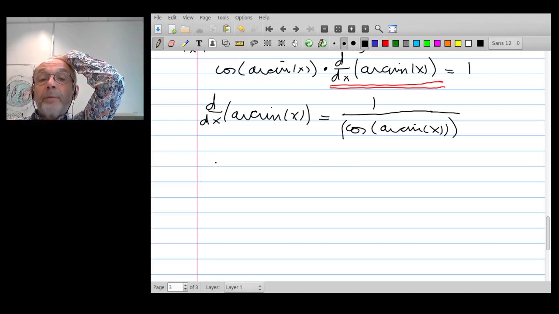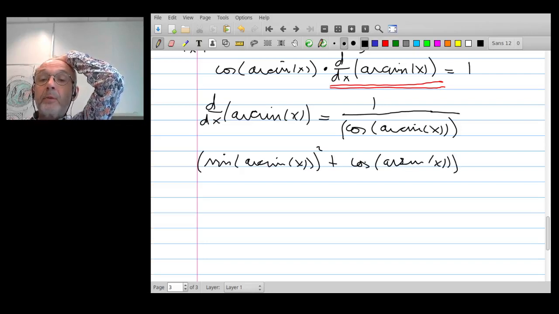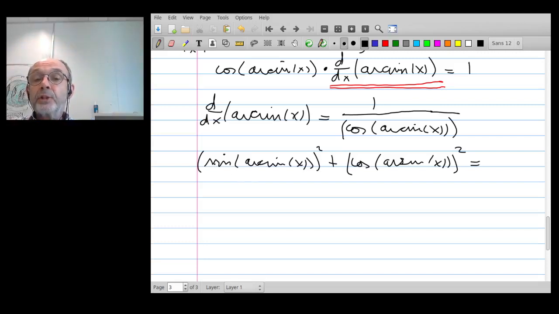Now you know that if you take the square of the sine function working on the arcsine function, and you add to it the square of the cosine of the arcsine function, you have nothing else than sine squared plus cosine squared, and we know that you get 1 out of it. And we know also that the sine of the arcsine function, because these are inverse functions, is equal to x.